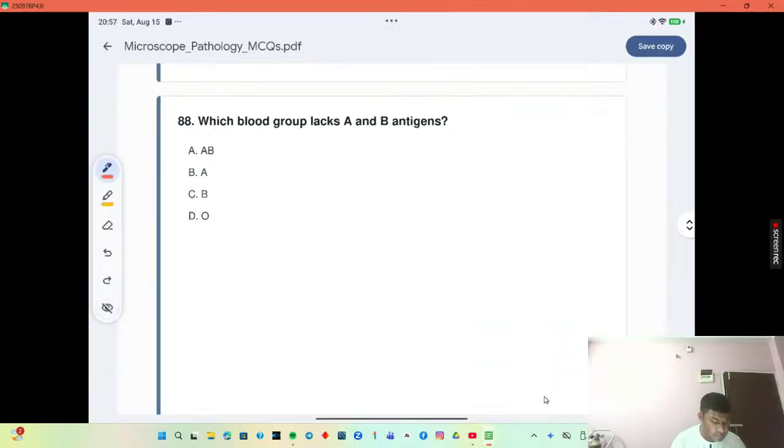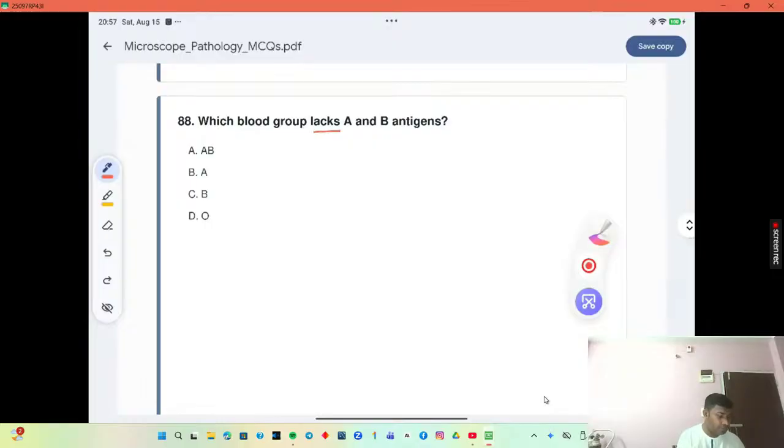So here the question is given as, which blood group does not contain any A and B antigen? Please try to answer this question.